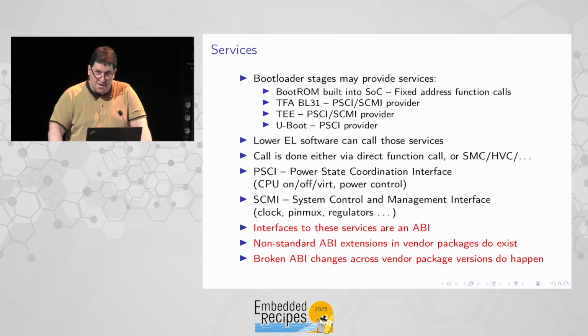In case of PSCI, these function IDs can bring up CPU cores, start them, stop them, reset the system, this kind of stuff. In case of SCMI, this is used to control regulators, enable, disable clock, these kinds of things, pinmux. Now, the problem is that the SMC handler in EL3 is installed very early by the most privileged software on the platform, which is part of the bootloader stack.